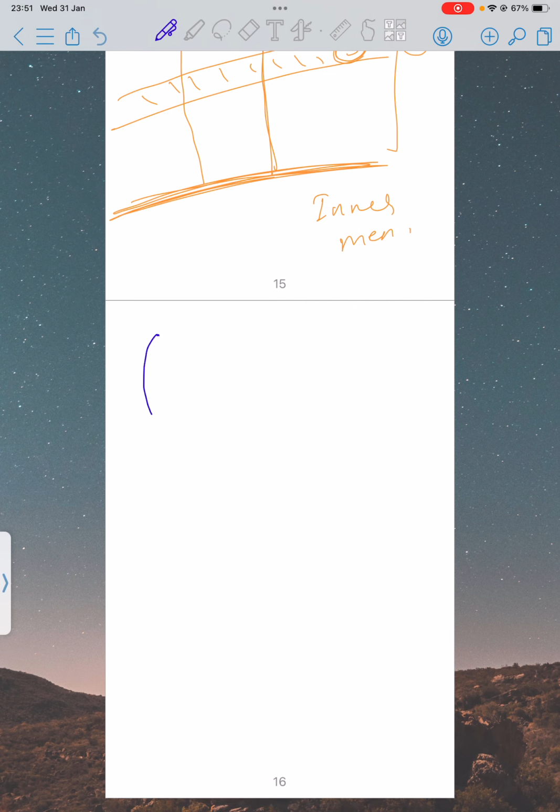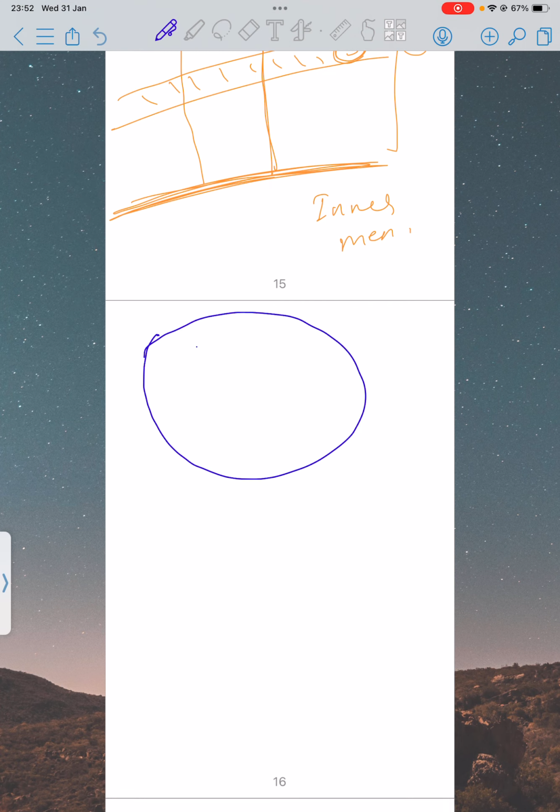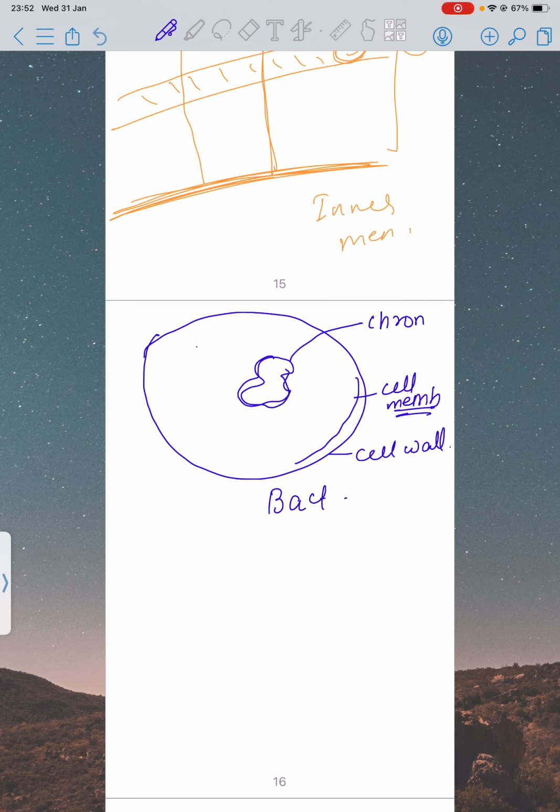Now we saw that this is bacteria, which has cell wall and cell membrane, which is also called inner membrane in case of gram negative. Then we saw one circular chromatin, which is known as nucleoid. And along with it we saw ribosomes, which were 70S.